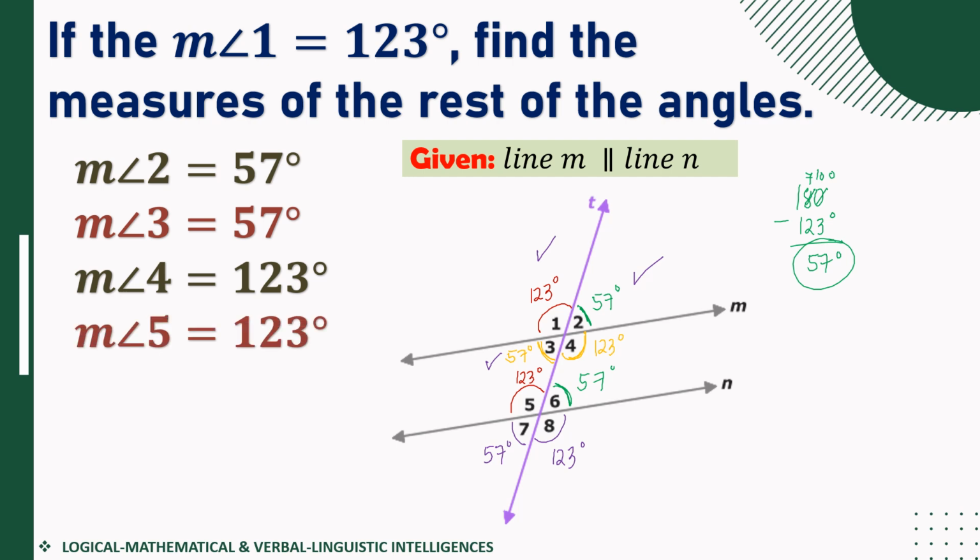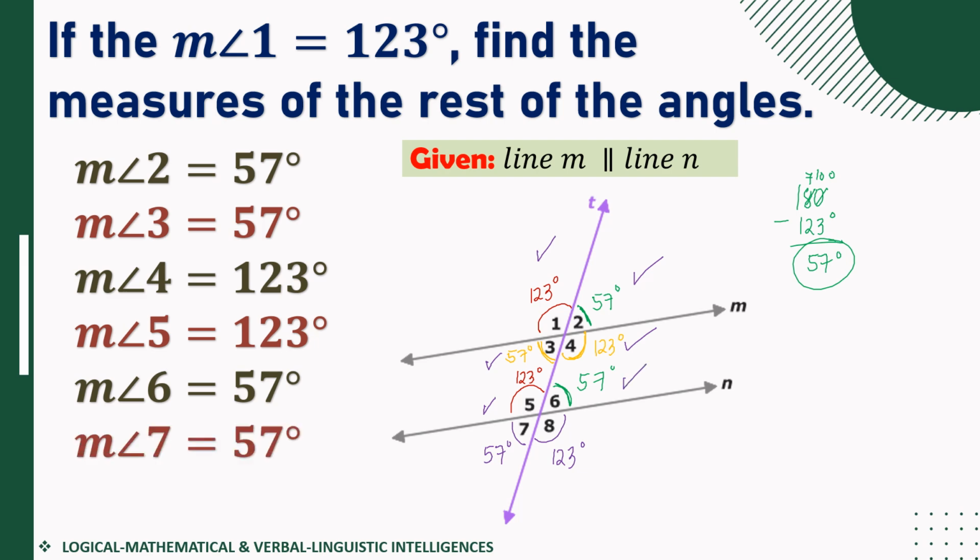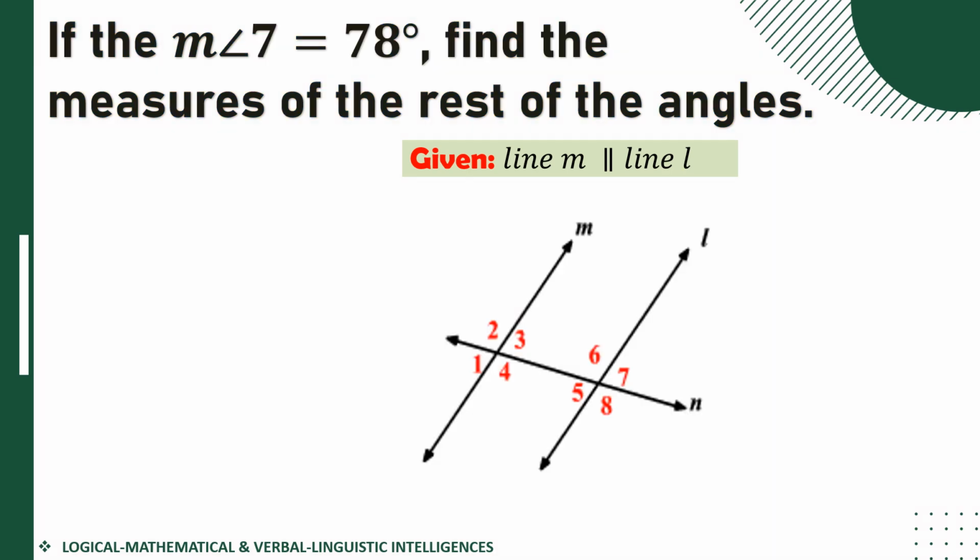Measure of angle 5 is also 123 degrees. Measure of angle 6 is 57 degrees. Measure of angle 7 is 57 degrees. And measure of angle 8 is 123 degrees. Alright, now let's proceed.